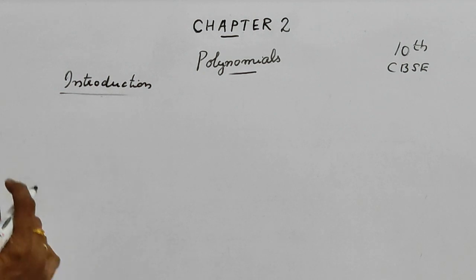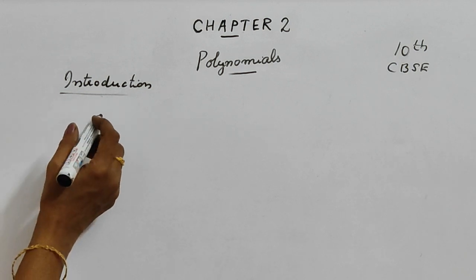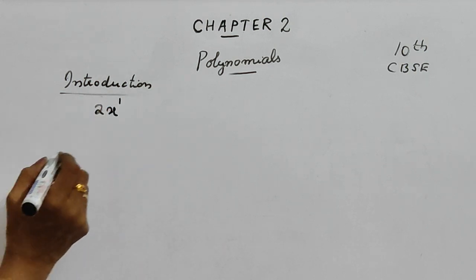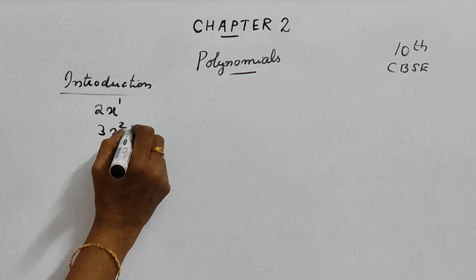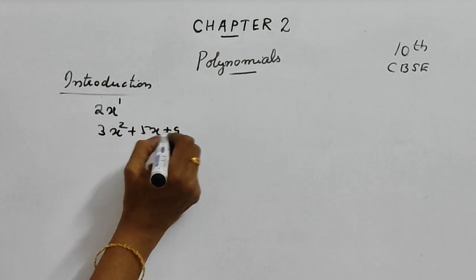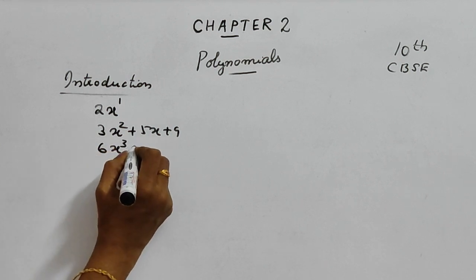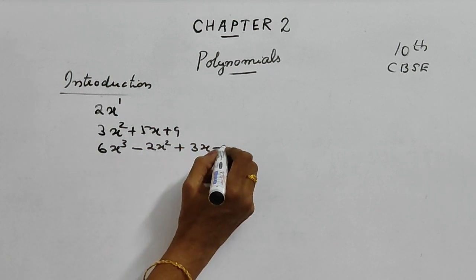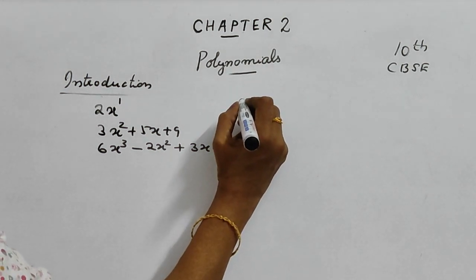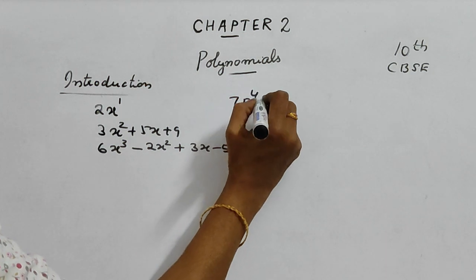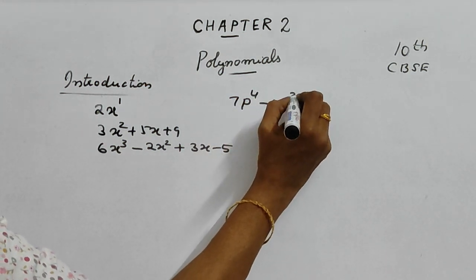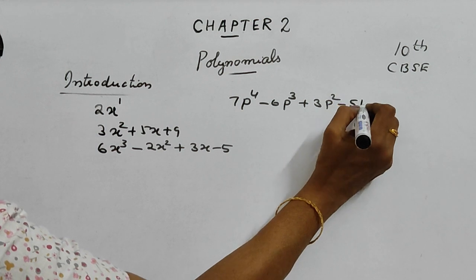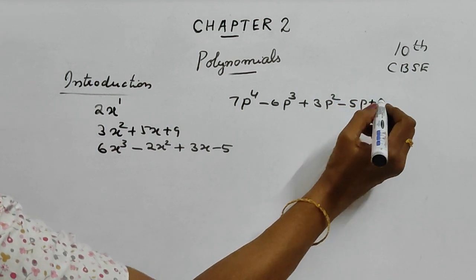Now, next degree of the polynomial. 2x, its power is 1. 3x square plus 5x plus 9. 6x cube minus 2x square plus 3x minus 5. 7p raised to 4 minus 6p cube plus 3p square minus 5p plus 3.